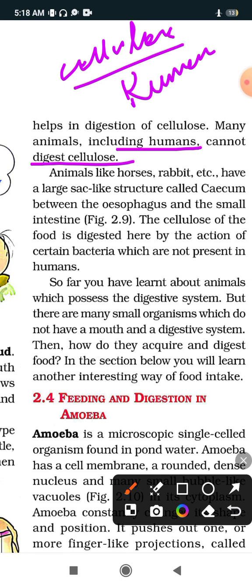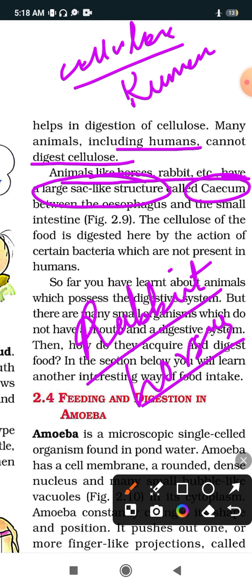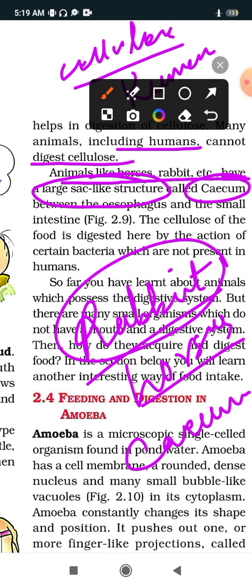Clear? Animals like horses and rabbits have a large sac-like structure which is known as caecum. Clear? Caecum is present between the esophagus and small intestine.